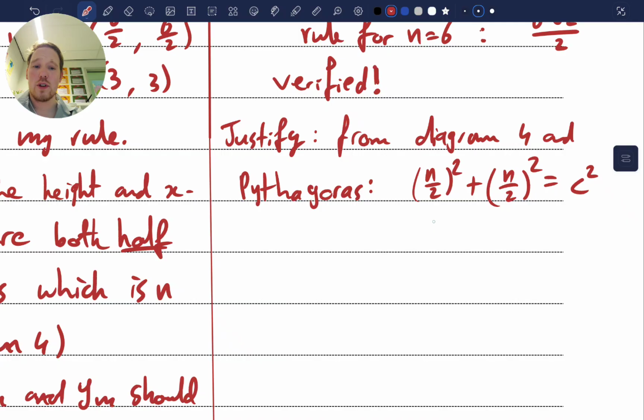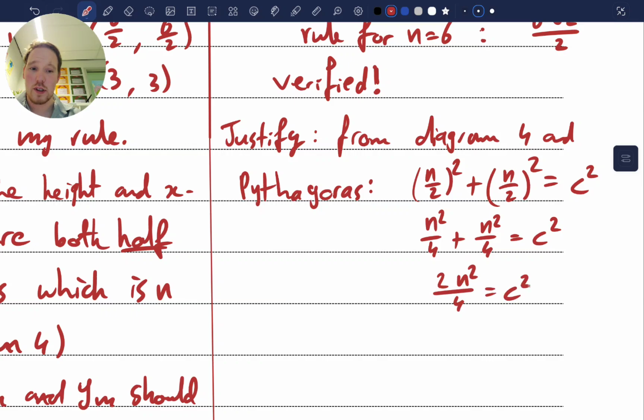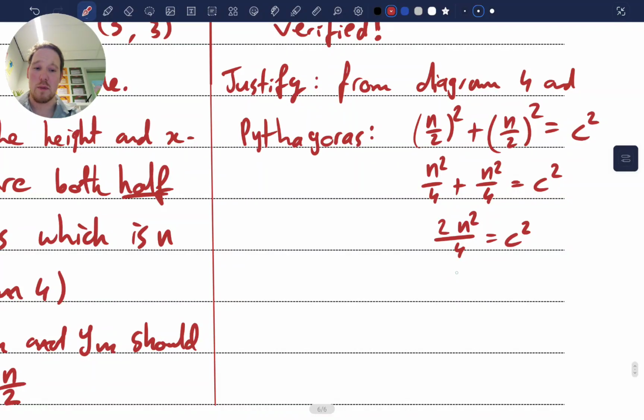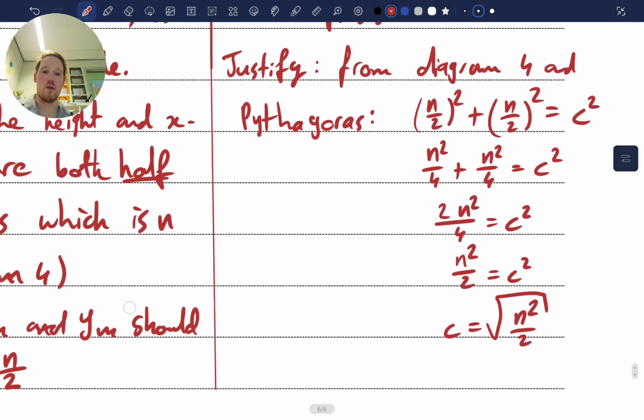Okay, n over 2 squared, that's n squared over 4 plus n squared over 4 is equal to C squared. Let's bring these together. We have 2n squared over 4 is equal to C squared. Hey, I can simplify, that's just divide by 2. n squared over 2 is equal to C squared. So C is equal to n squared over 2 all under a square root.